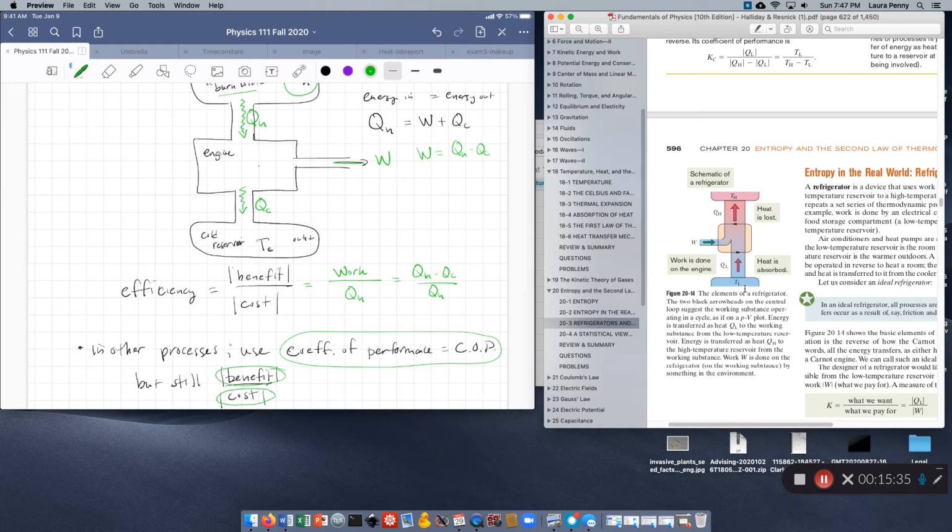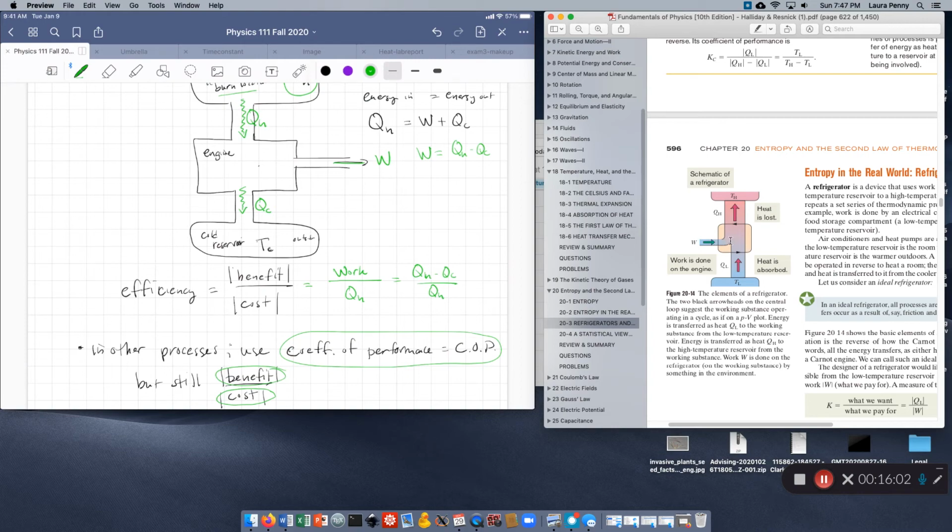On the diagram in the book, they actually have a refrigerator, which is sort of the opposite in many ways of an engine. Here you actually have a cold reservoir, and the point of a refrigerator is to take heat from the inside, to decrease the temperature in the cold reservoir. And so you actually remove heat from the cold reservoir.